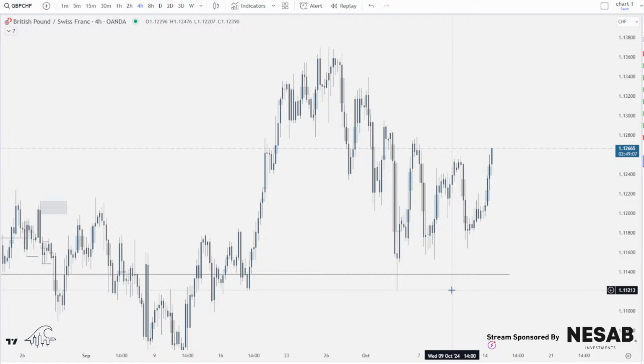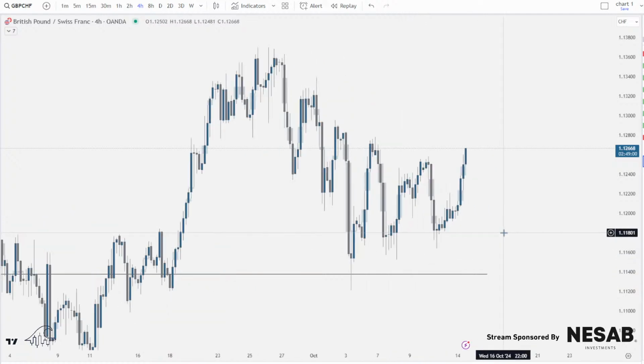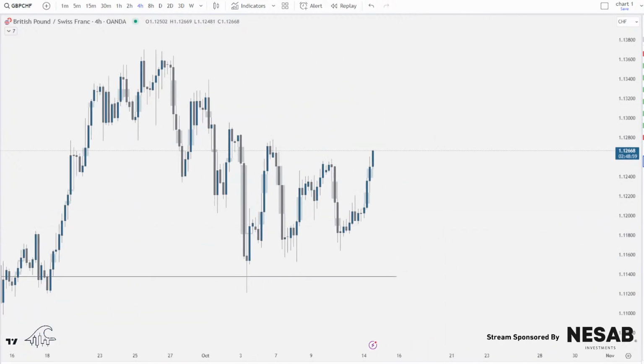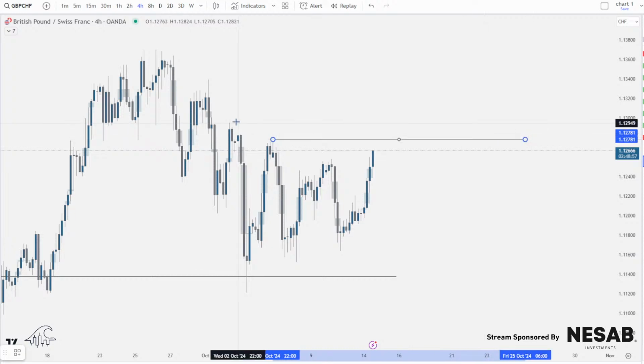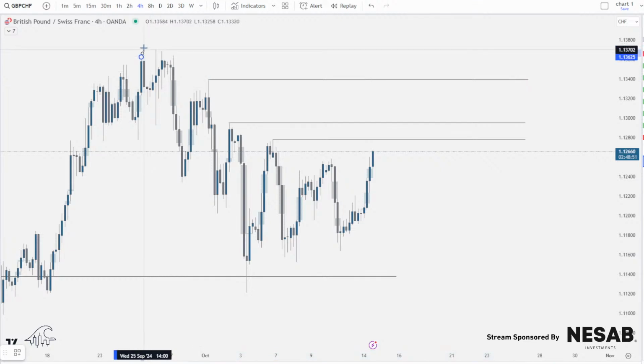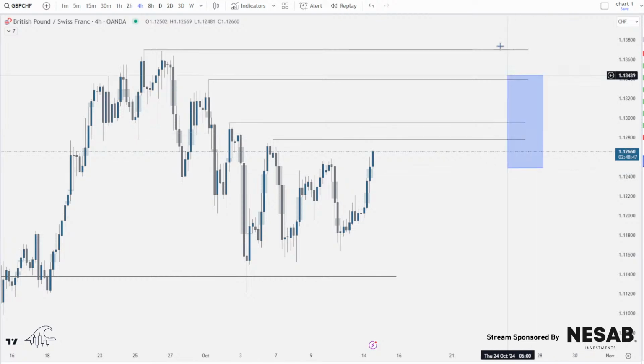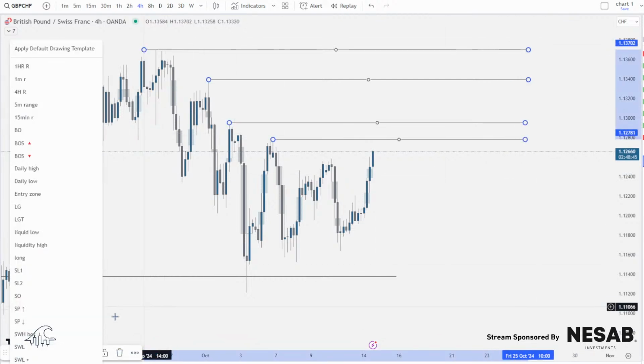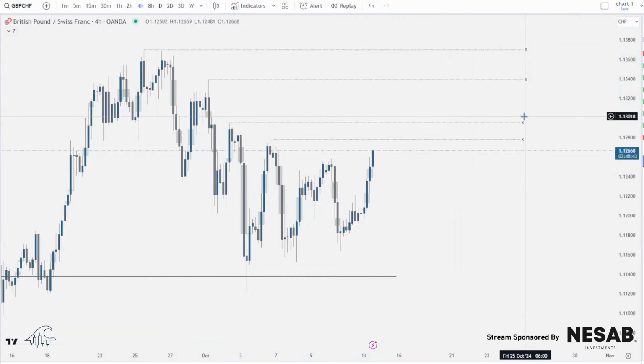Did we take out that low? Didn't. That's surprising. That surprises me a lot. Okay, so our bias is still bullish, so we'd be targeting here, here, here, and obviously the high. Get the targets.